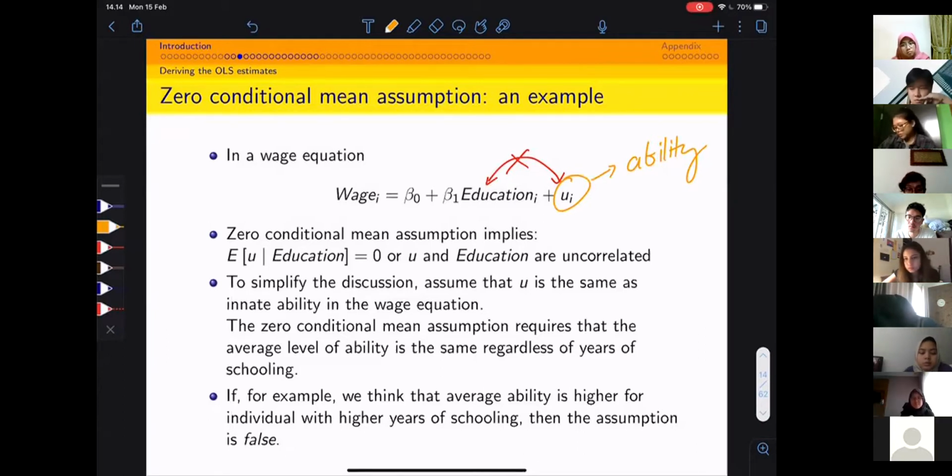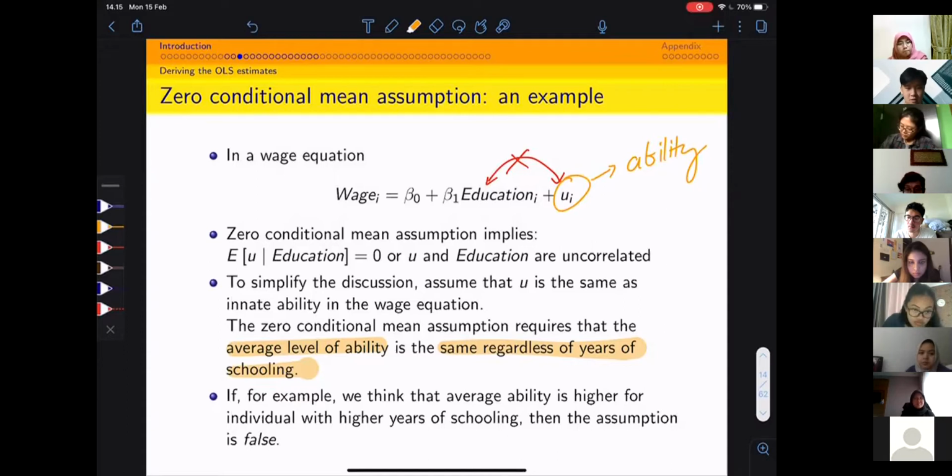Before we go on and discuss whether or not ability is correlated with education, let's see what the zero conditional mean assumption says. It says that the average level of ability is the same regardless of years of schooling. So this implies that there is no correlation.